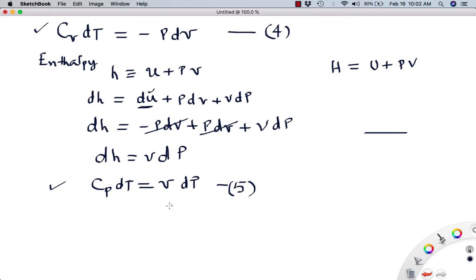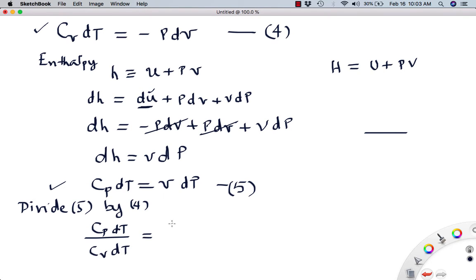We get Cp dt over Cv dt is equal to, Cp dt is V dP and Cv dt is minus P dV. Okay, cancel dt and dt, and then do the cross multiplication, or put all the like terms on the same sides.